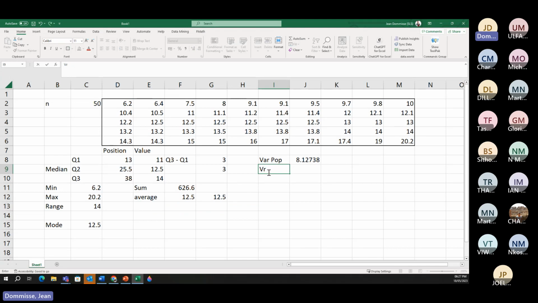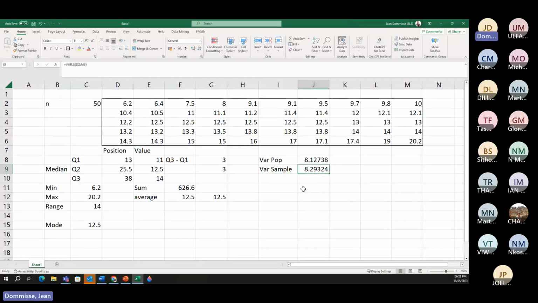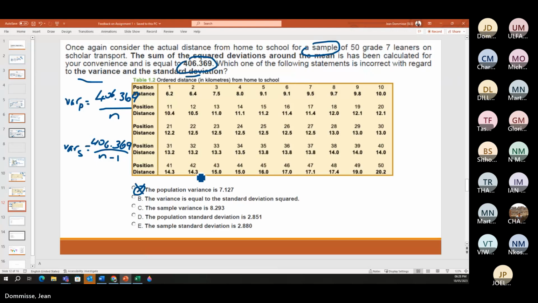But if we need to work out, there's also variance of the sample, which is 8.29. Variance of a sample, correct.